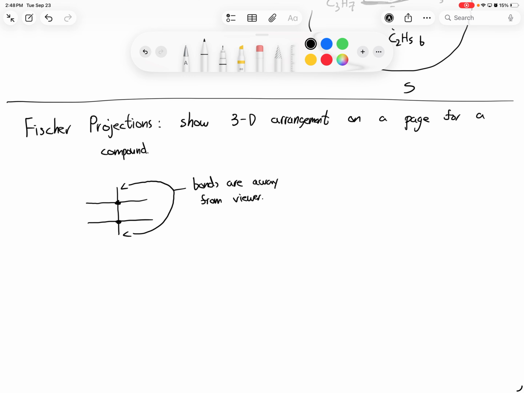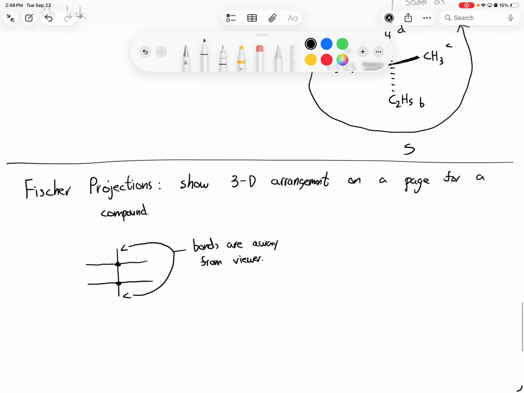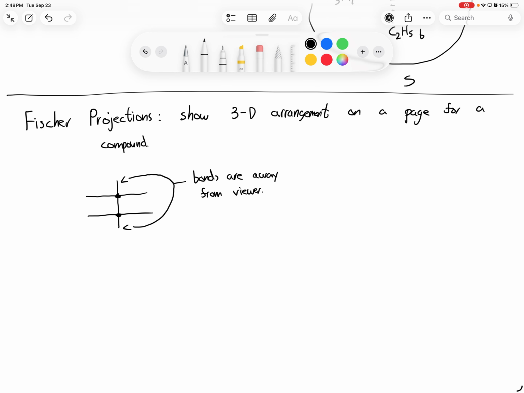All right? And then the horizontal bonds, this kind of looks like what I drew here. The vertical bonds are situated away. The horizontal bonds now, they are towards the viewer. So these bonds right here, those two bonds here, are towards the viewer. Okay?